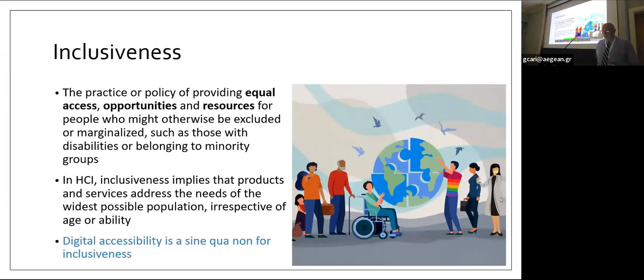In the field of human-computer interaction, inclusiveness implies that products and services address the needs of the widest possible populations, irrespective of their age, their ability, and in this respect, digital accessibility constitutes a condition sine qua non for inclusiveness.